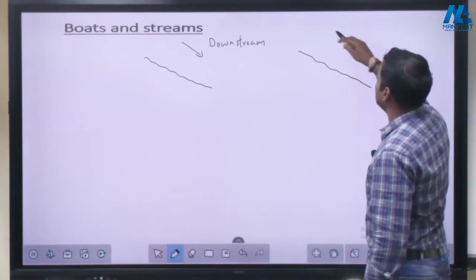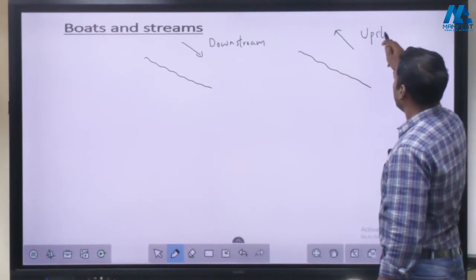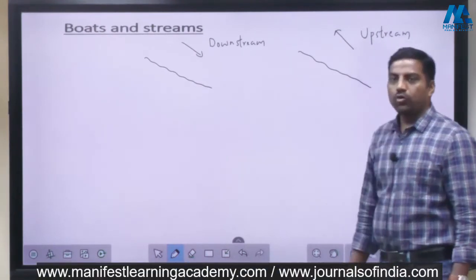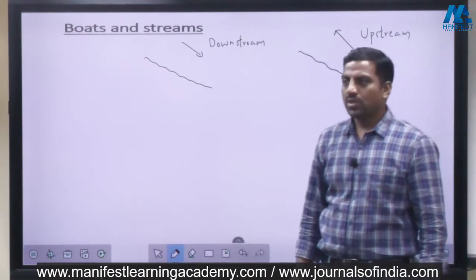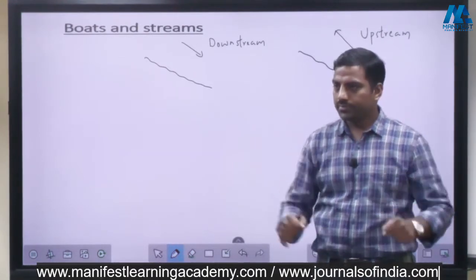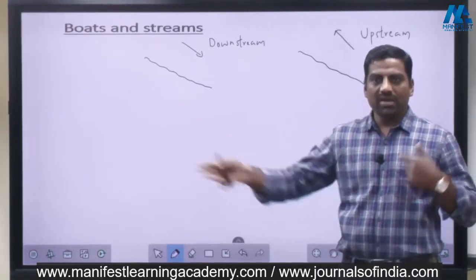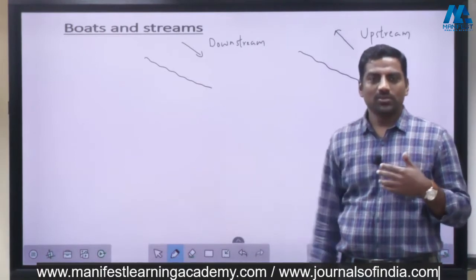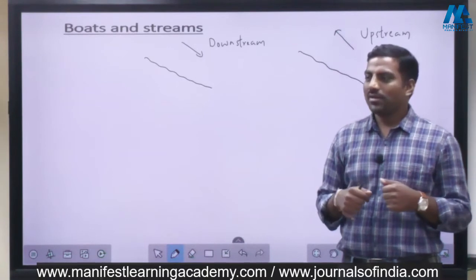What if our journey is like this? And how do you make our journey? Either through a boat, maybe a motor boat or a rowing boat. Rowing, you know rowing? You'll be having what? What are those called?